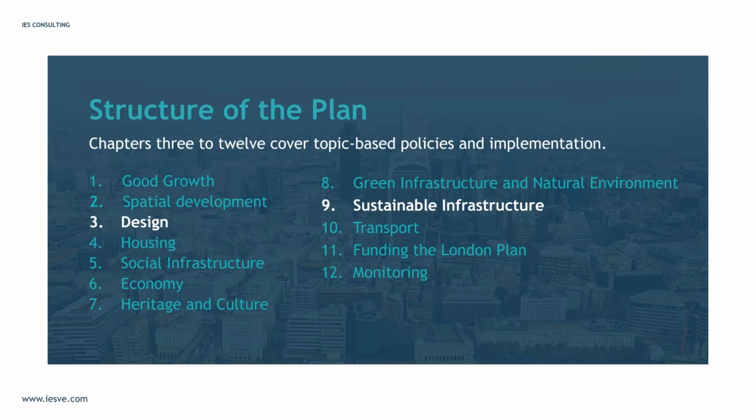This is designated with a D in all sub-policies, so D1, D2, D3, etc. The other chapter of significant interest is chapter 9, Sustainable Infrastructure, which intuitively has its sub-policies designated with SI. I will not concentrate on the other 10 chapters in this presentation and focus on 3 and 9. We will then pay particular attention to the less familiar and newly introduced requirements within said chapters.